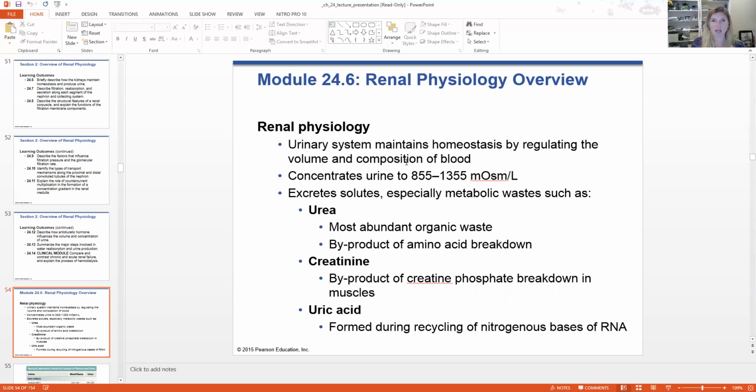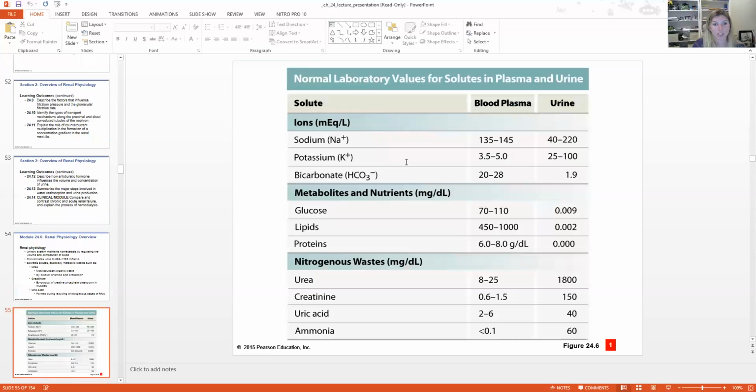Creatine phosphate can act as a substitute there for ATP. It also helps get rid of uric acid. Uric acid is a byproduct of recycling nitrogenous bases from RNA just in the process of protein synthesis. So lots of metabolic byproducts being eliminated through urination.